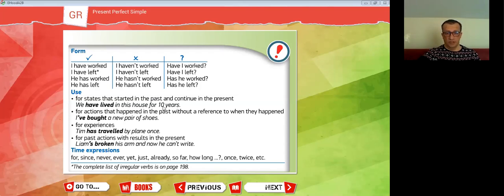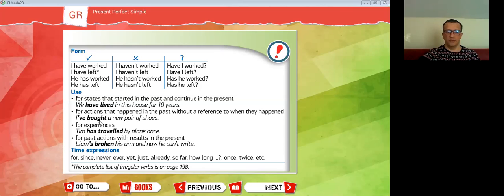Another important thing is that here we use the third form of a verb. So we have to memorize the past participle forms of verbs. You know, some verbs are regular verbs, some of them are irregular verbs.